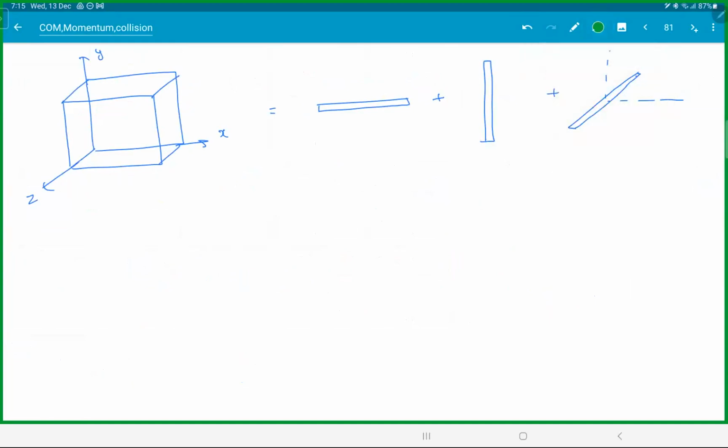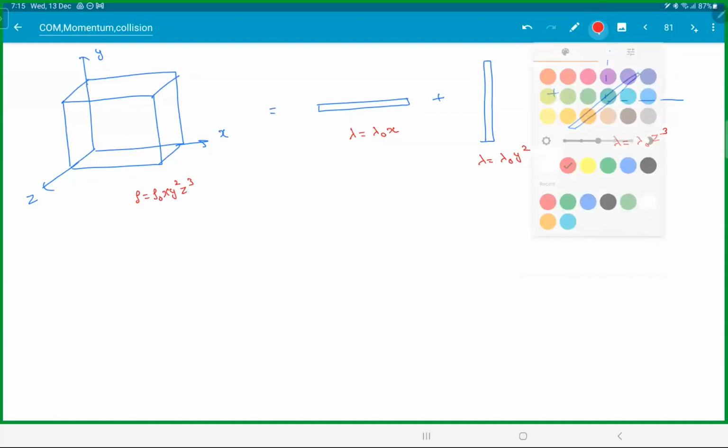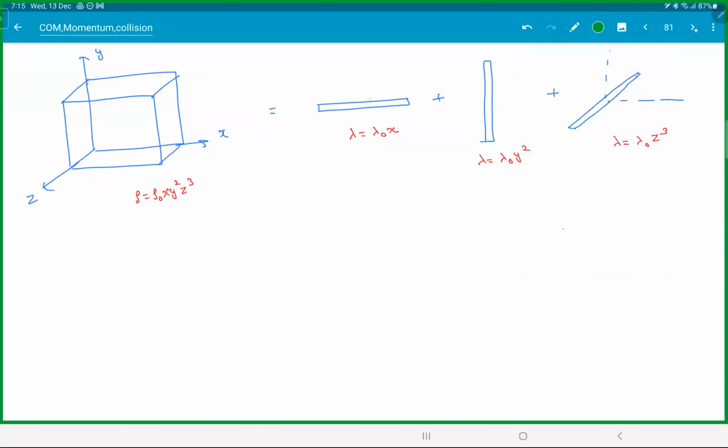Where this rod's density, you can take lambda equals lambda naught x. Here rho is what? Rho naught x y square z cube. You can treat this rod as lambda equals lambda naught y square. You can treat this rod as lambda equals lambda naught z cube. So if it is proportional to x, the center of mass will be at 2a by 3.